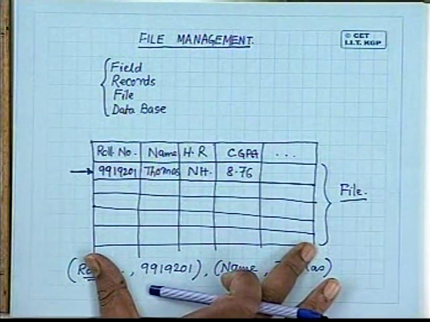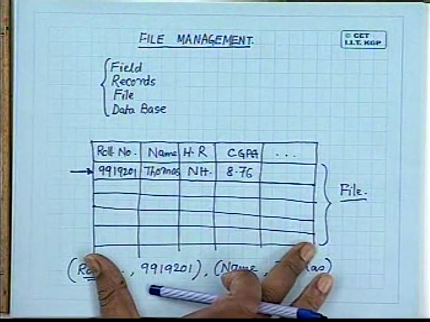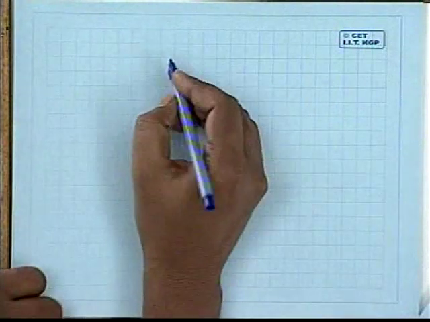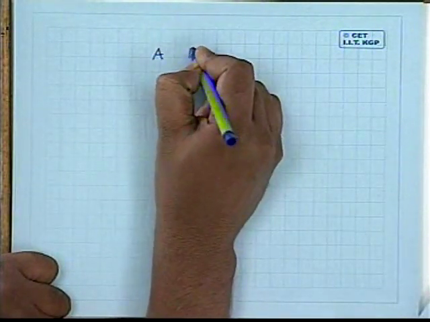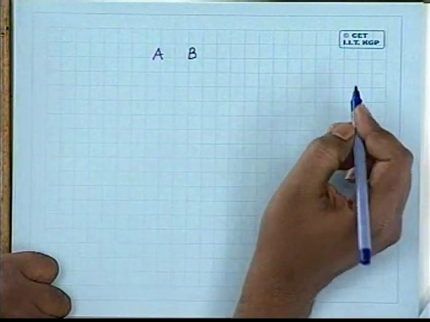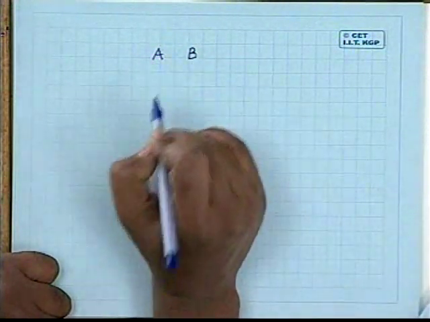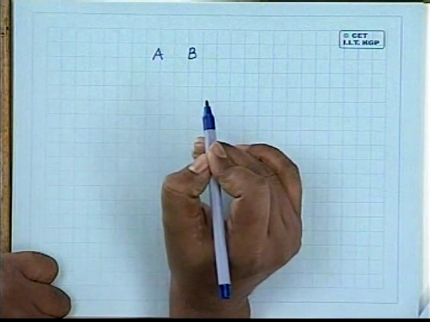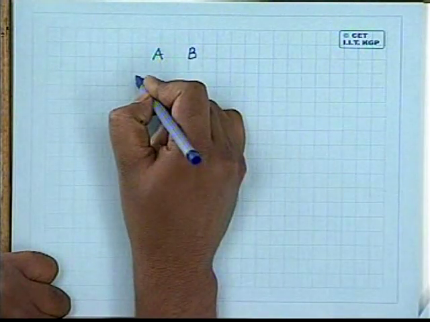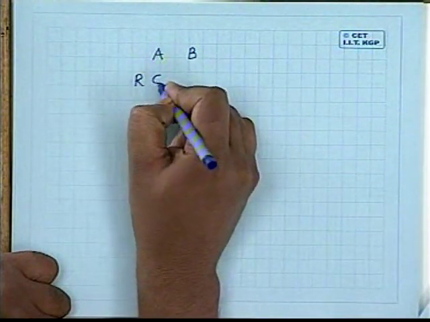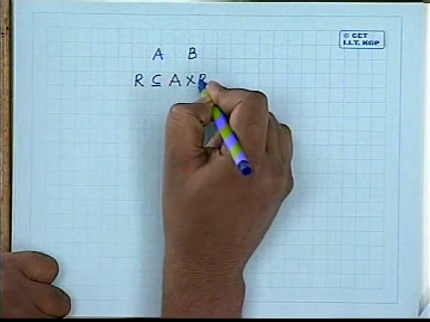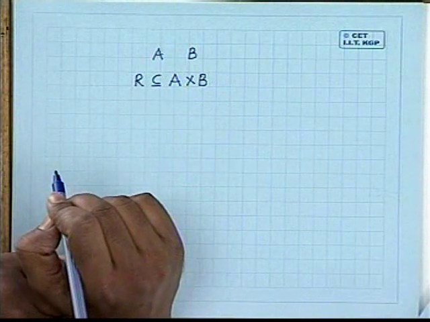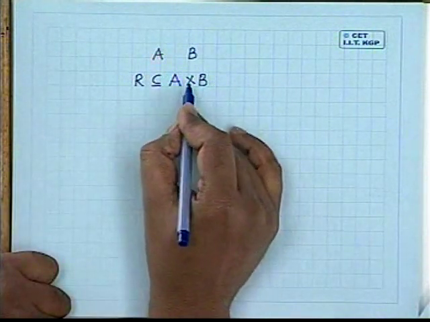Okay. Because how do you formally define a relation? If I have, say, 2 sets A and B, okay, and I want to define what is the relation, a binary relation between the elements of sets A and B. A binary relation between sets A and B will be simply R as a subset of A Cartesian product with B. Okay, and this can be expanded.